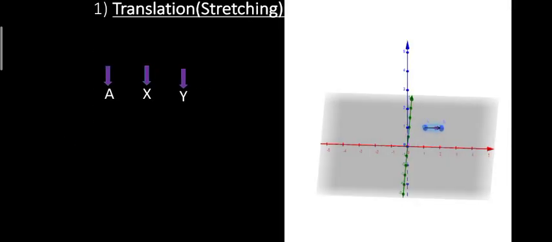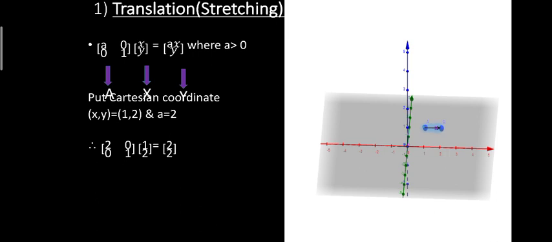Now the next important application is translation or stretching. Translation or stretching is nothing but extending a vector in the same line, and for this we will use the matrix a 0 0 1 where a is some positive constant.